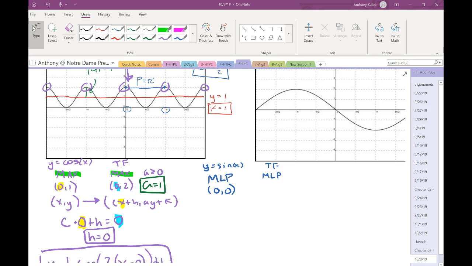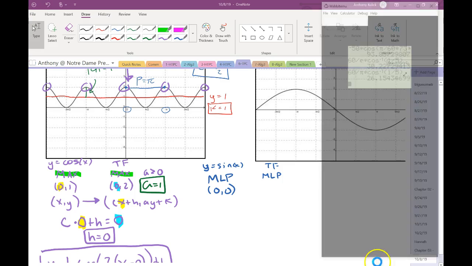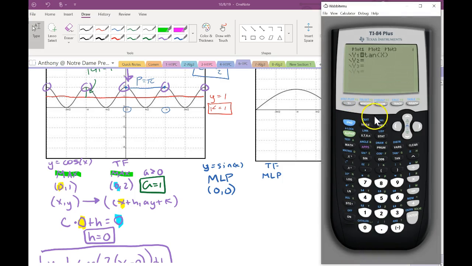So if I look at the graph of the parent function for sine, so this is the graph of sine.